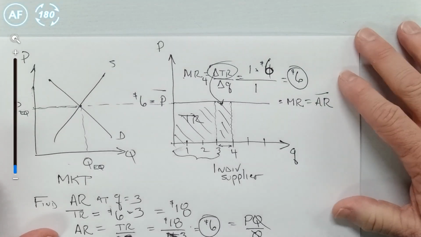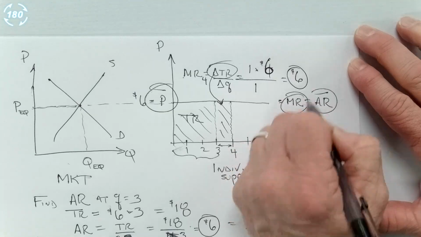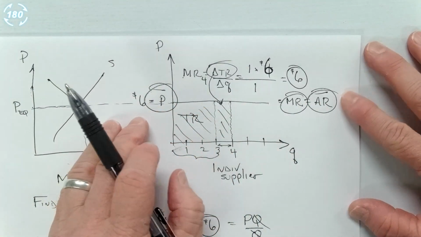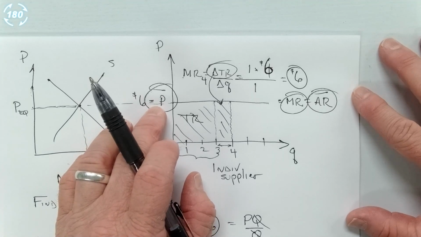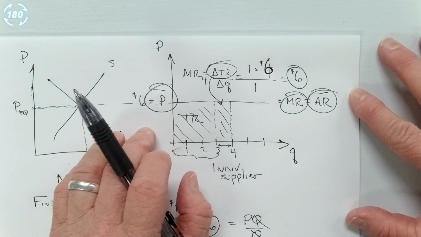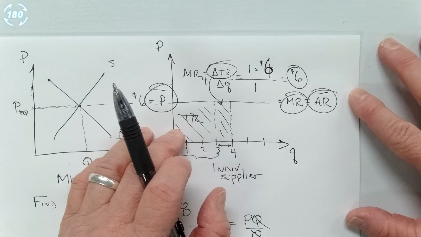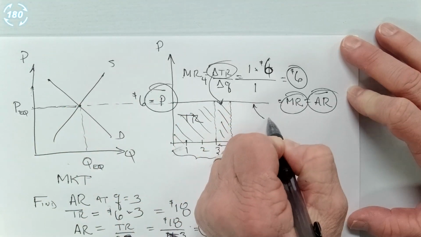Okay, so let me back off here. There's another term for this curve. It's not only the price, marginal revenue, and average revenue, but because this curve gives the price that the market will offer the individual supplier for each unit of output they deliver to market, this is also called the individual demand curve.